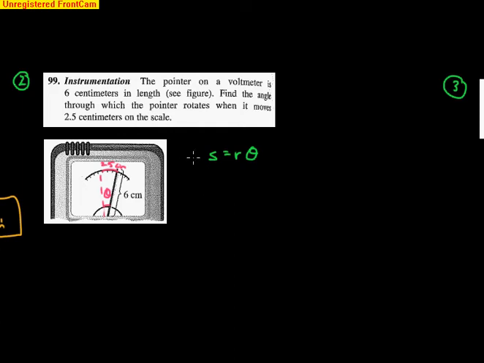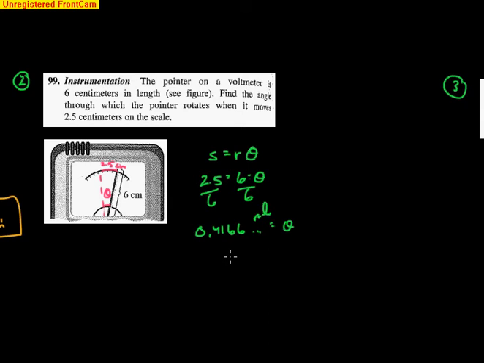So S is my arc length. 2.5 equals my radius, which is 6, times theta. And we're going to divide by 6 on both sides. And we get a decimal, 0.4166. It keeps going on forever. I'm going to leave it as theta. And this is in radians.